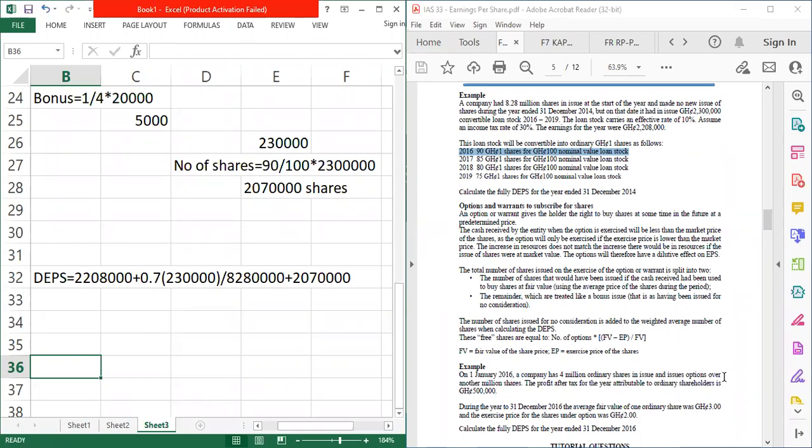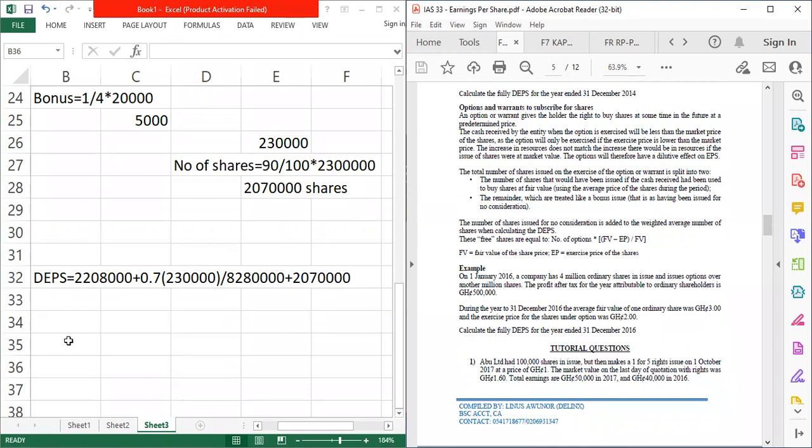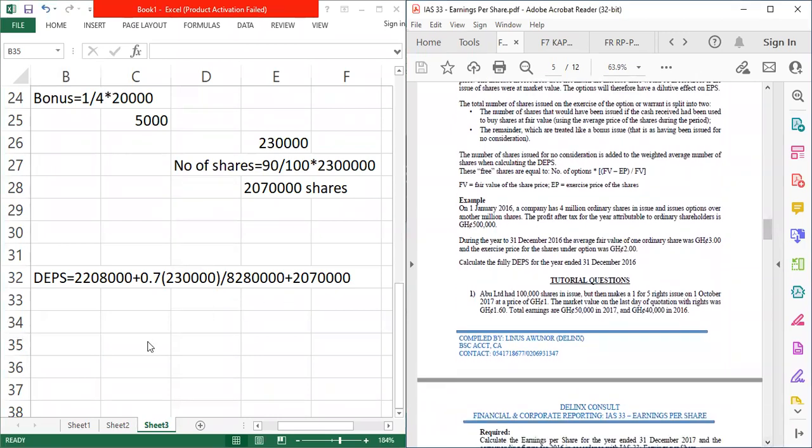So let's pick the example. On 1st January 2016, a company has 4 million ordinary shares in issue and issues options over another million shares.